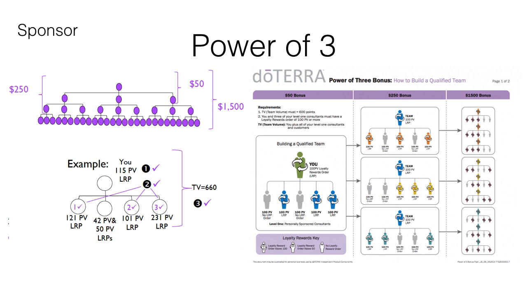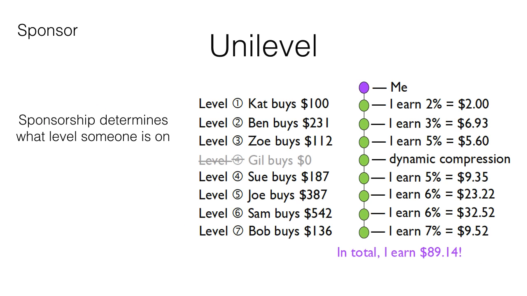It's all about sponsor. The next reason that the sponsor is important in terms of compensation is Unilevel. After the 60 days, that money that was being paid to the enrollers for the fast start is now paid to the sponsors. So if you're at the top in this example, the person immediately below you, the sponsorship determines what level they're on.